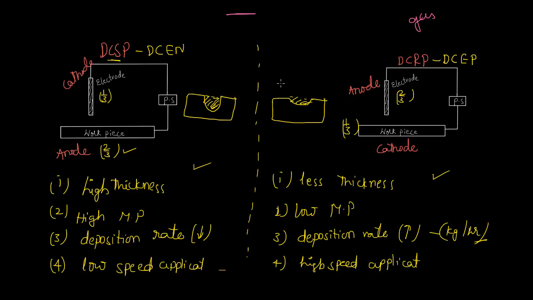And for AC current, it is in between straight polarity and reverse polarity, because uniform heat generation occurs in AC current. So these are the comparison between DCSP and DCRP.